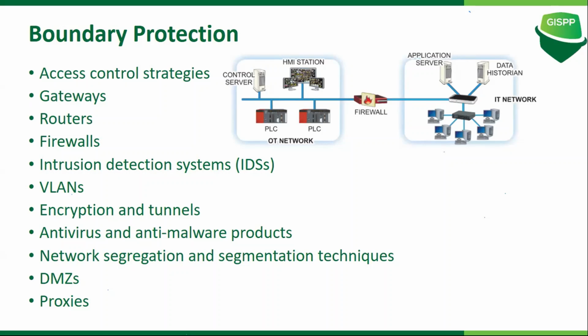So ignore. The boundary protection is also applicable in the ICS implementation. We have DMZs, proxies, and routers, and we use antivirus and anti-malware products that are specific to OT devices.